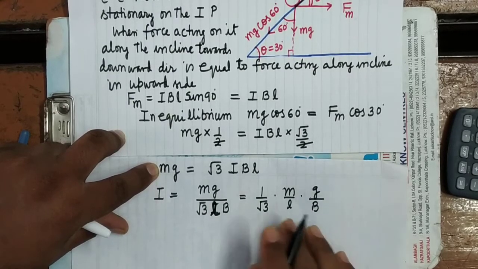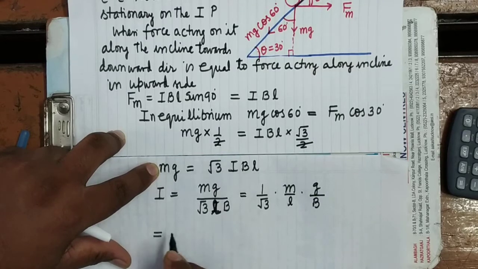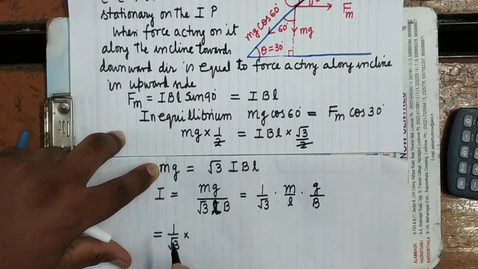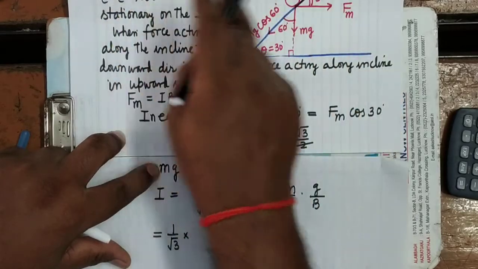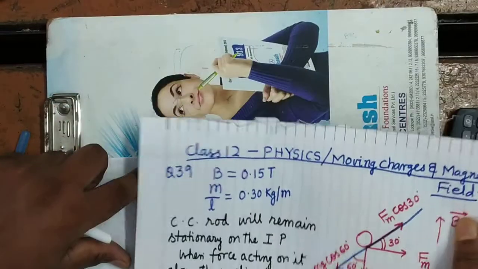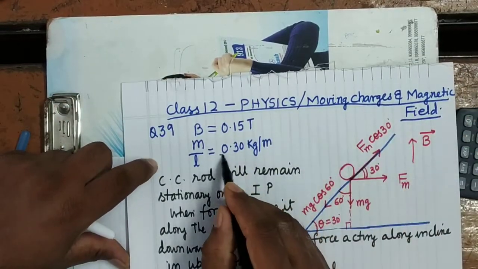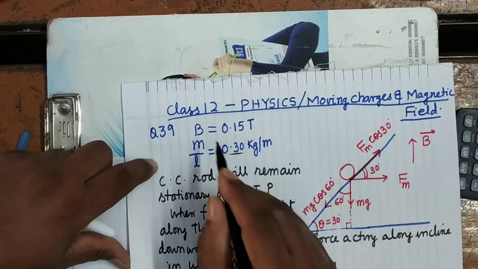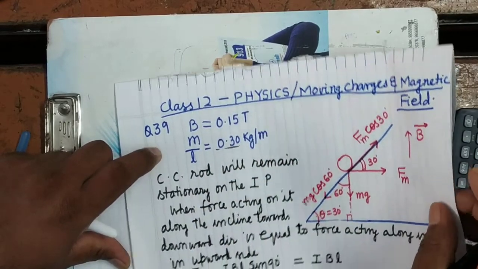Now substitute the value. So 1 upon root 3, M upon L is already given 0.30 kilogram per meter, and B is given 0.15 Tesla.